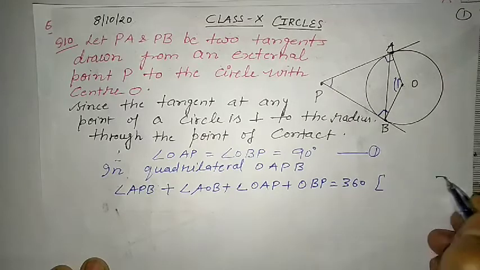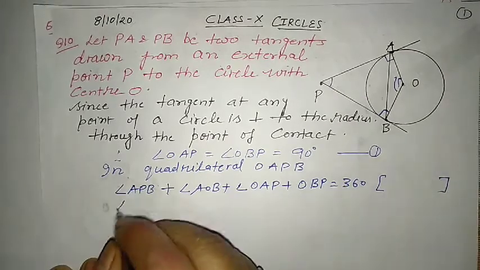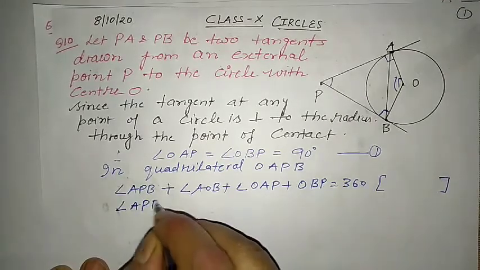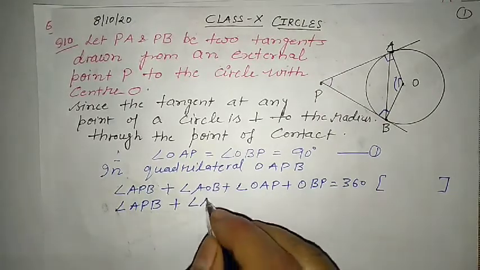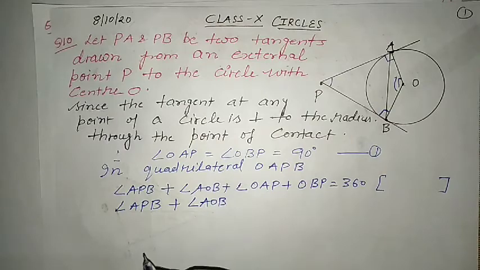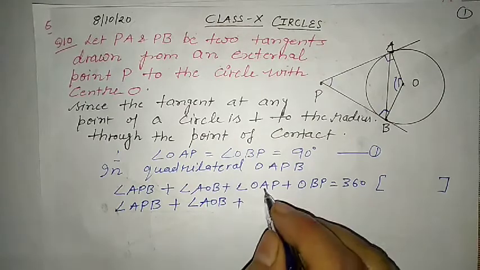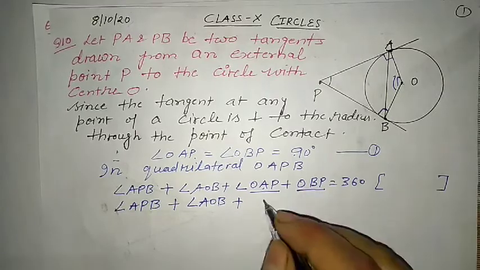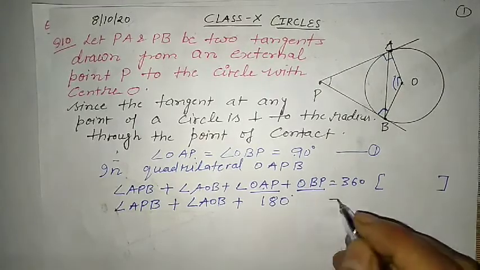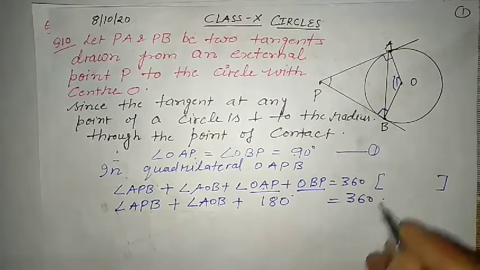Here we can write angle sum property of quadrilateral. So angle APB as it is, plus angle AOB as it is, plus OAP is 90, OBP also 90. So this 90 plus 90 becomes 180, that is 360.